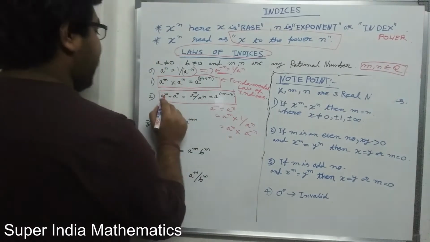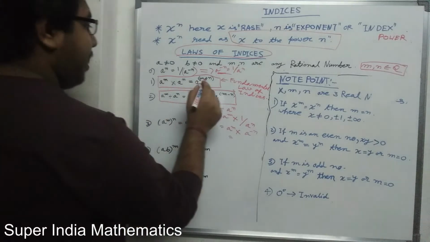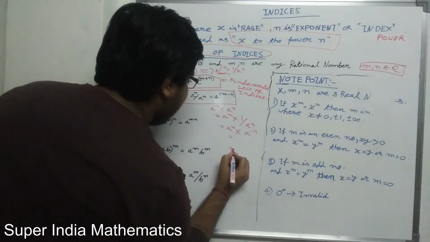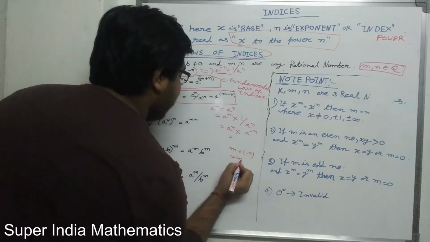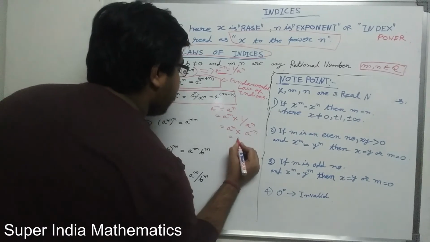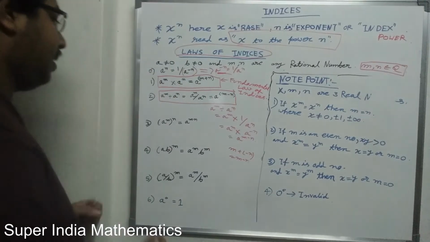That means a to the power m into a to the power n equals a to the power m plus n, so here it will be m plus minus n, that is m minus n. That means a to the power m minus n.